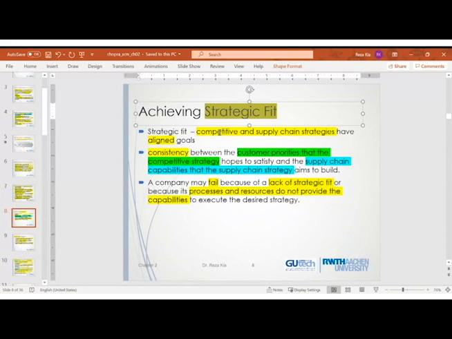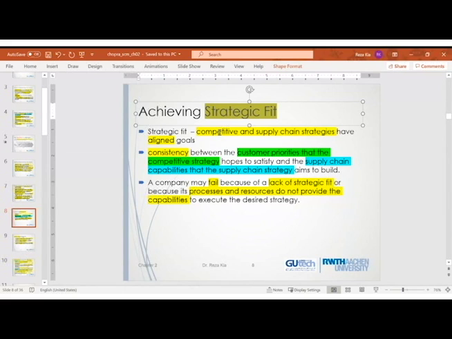in supply chain, it could be because of lack of a strategic fit. If your customer priority is not matched with your supply chain capability, you are going to fail because you are promising something, or your customer is demanding something, but you are not capable enough to respond to that priority. So you see, guys, this is important.